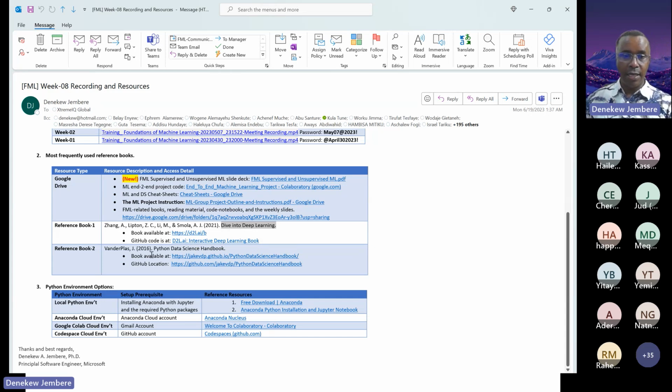On the other hand, the Python Data Science Handbook is a free book that is available for you, right? I share the details, example data sets, and the code, everything is here.